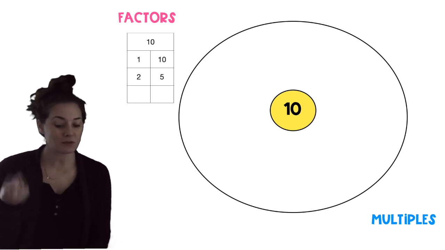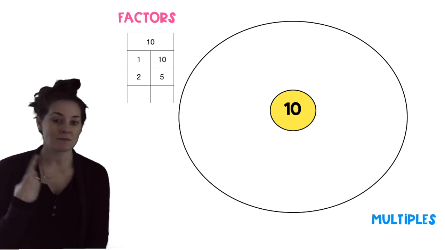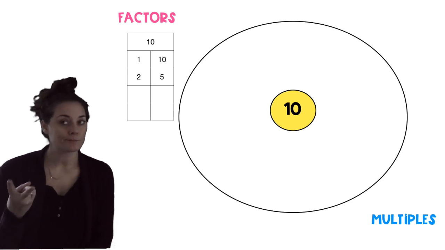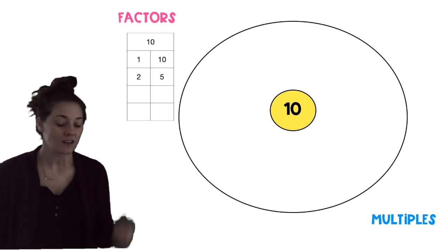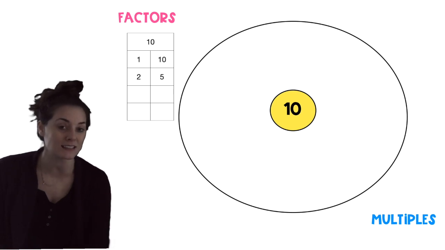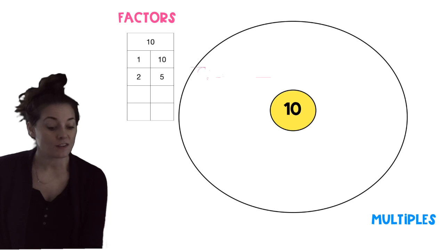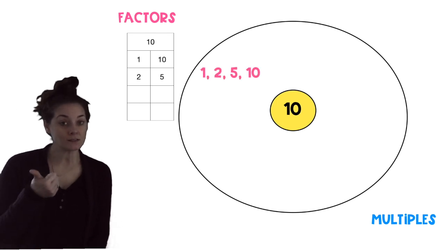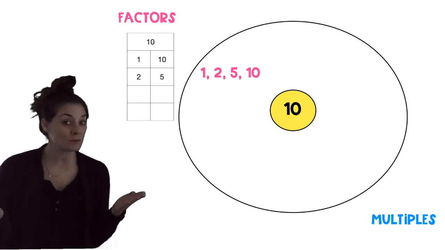No, 3 does not have any number that multiplies to get to 10. What about 4? No, 4 doesn't have a number that I can multiply to get to 10. So the rest of my table is blank because now I'm at 5, and 5 is already listed in my table. So I know that I'm done. So the factors are 1, 2, 5, and 10. I like to write them in numerical order.